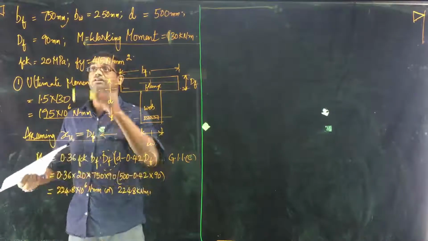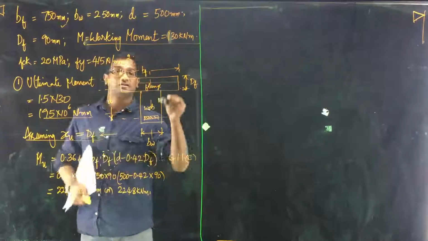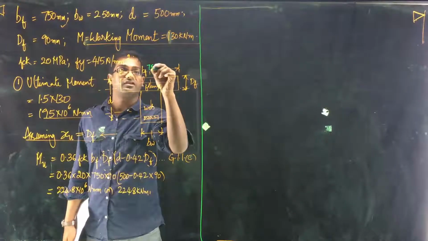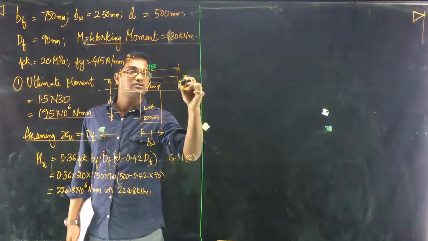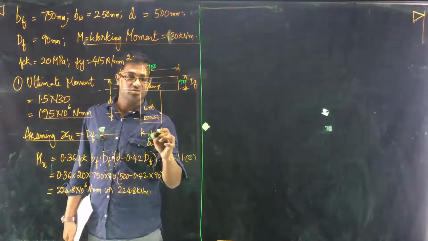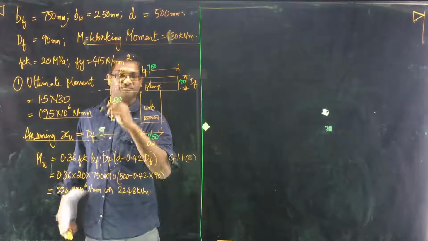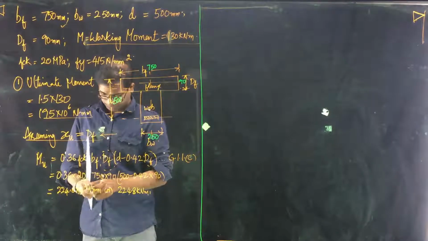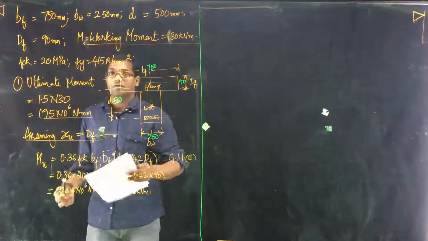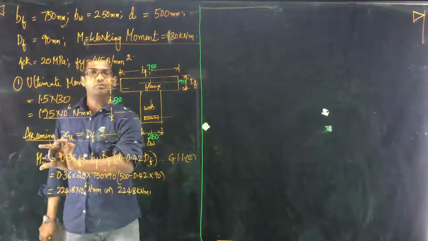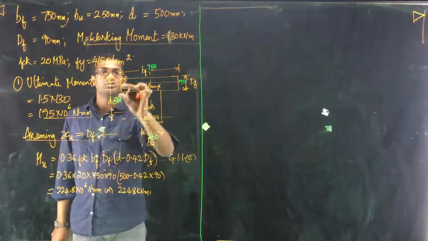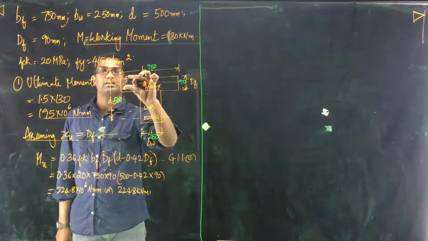So we'll write down these values in the given diagram. This is 750, this is 90, this is 250, this is 500.